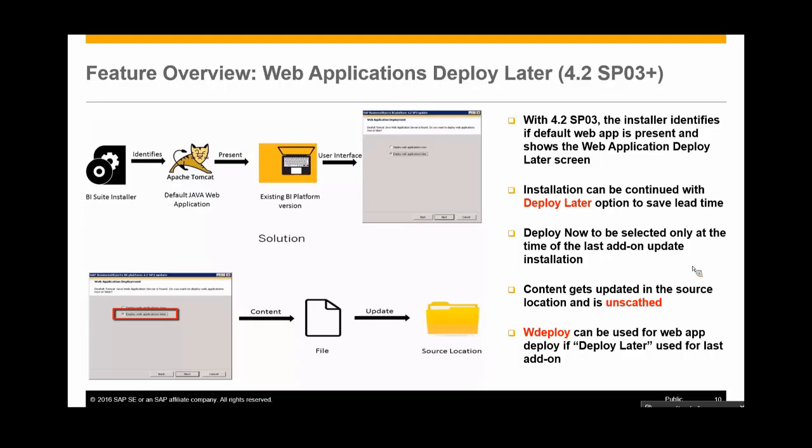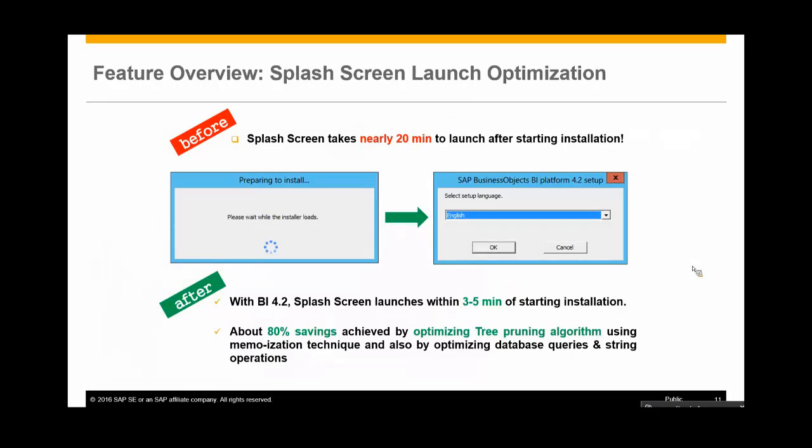So this is the feature in its full working, and it significantly reduces the install time because you're suppressing the automatic deployment of web applications in case of multiple installations, and this is bound to improve your installation experience. That is the next feature that I was going to talk to you about.